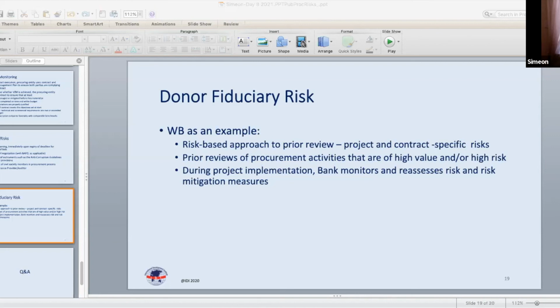As far as the specific issue of risks in using a risk-based approach in prior review of steps in the procurement process, I know that this is an approach that the World Bank is now emphasizing pursuant to the new legal framework for public procurement that they've developed. I'm not sure whether they have any more specific instruments or guidance, but I can try to look into that and get back to you to see if I can find anything.